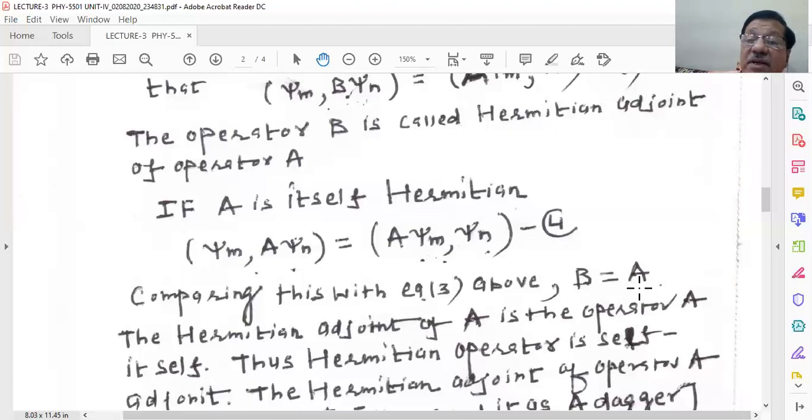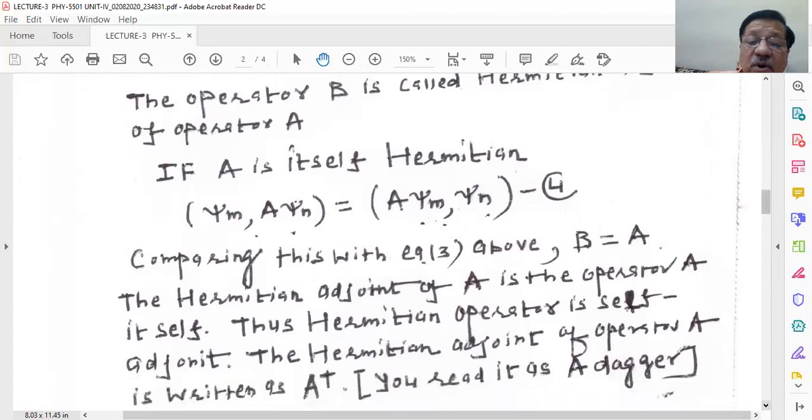So please remember, if A is a Hermitian operator, then the Hermitian adjoint of operator A is the operator A itself. So we may write that a Hermitian operator is a self-adjoint operator. This is a very important property of the Hermitian operator.